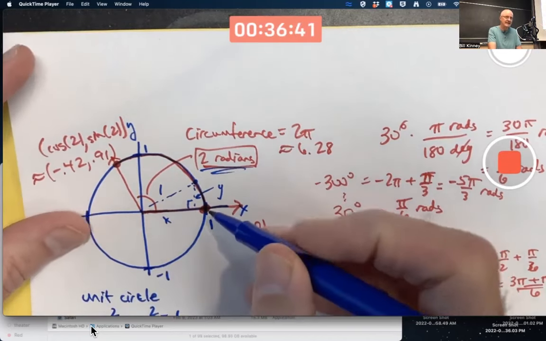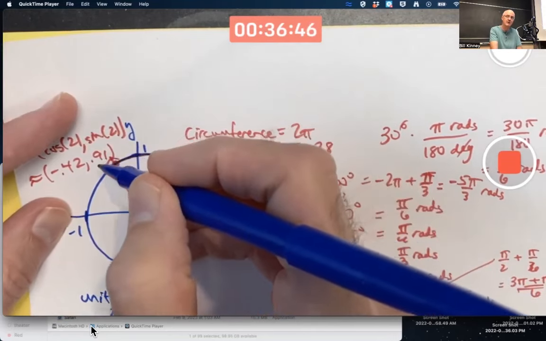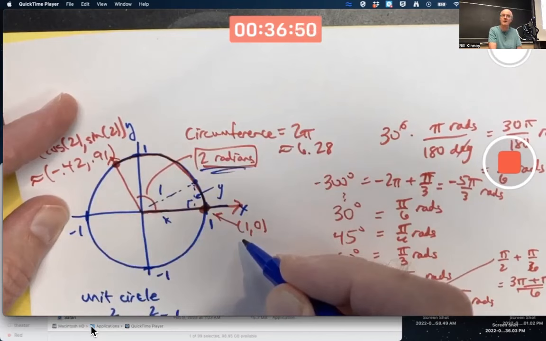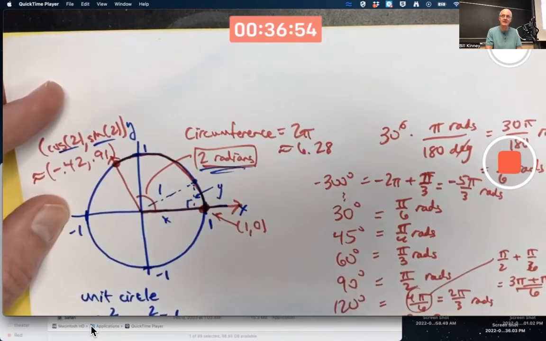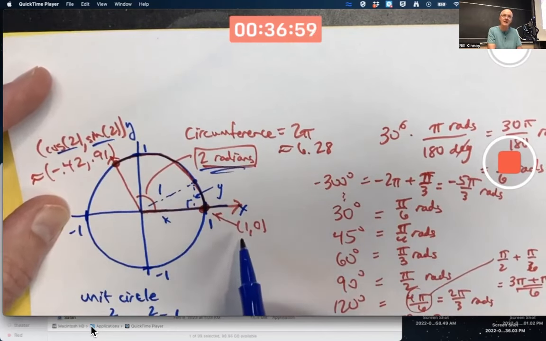As t radians varies, as trig bug walks counterclockwise around the unit circle, starting from the point 1, 0 at t equals 0, how do the first and second coordinates vary? Focus on the first coordinate first, the cosine. It starts out at 1 when t is 0.